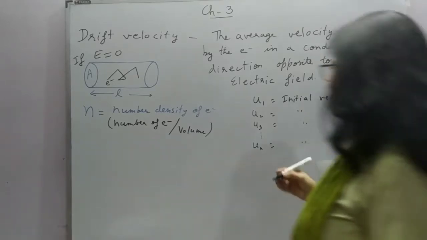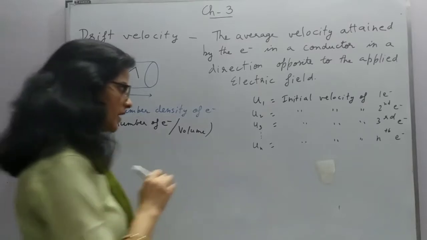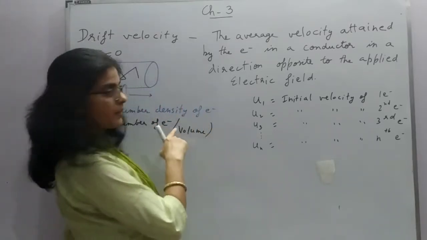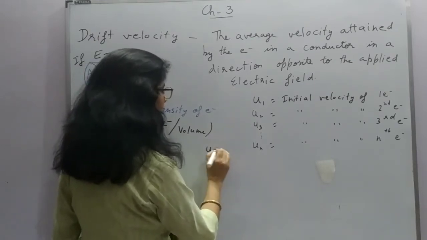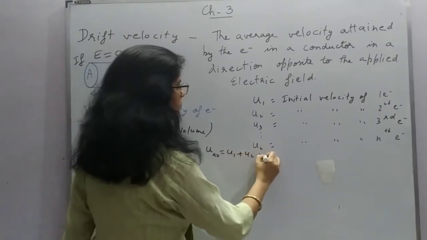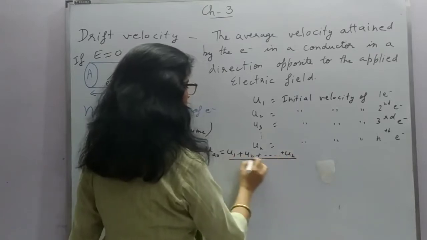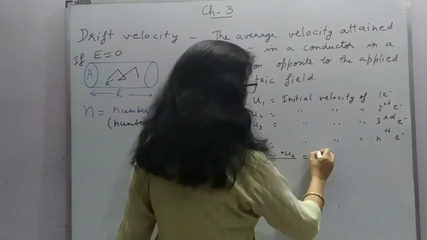Right? So if the total number of electrons is capital N, the average velocity without application of electric field, the initial average velocity, can be written as U1 plus U2 plus up to Un upon N. So this will be 0.